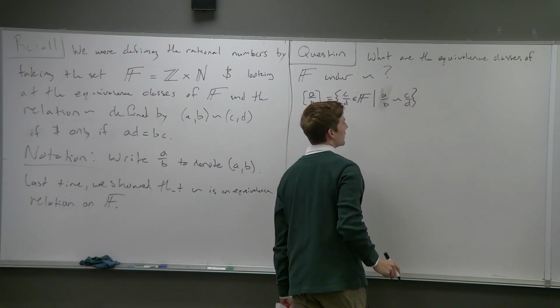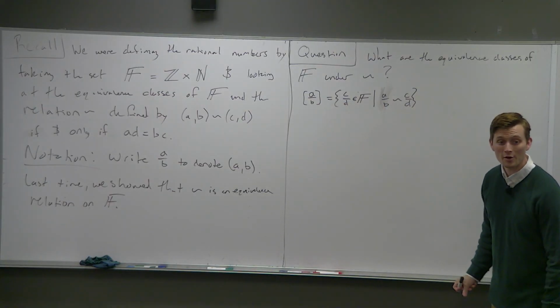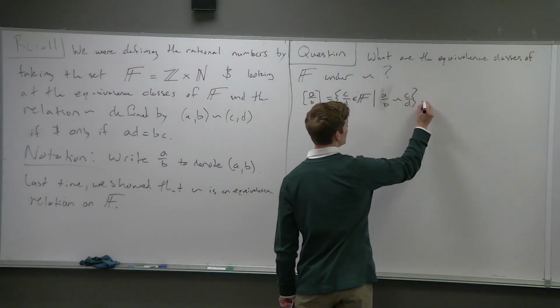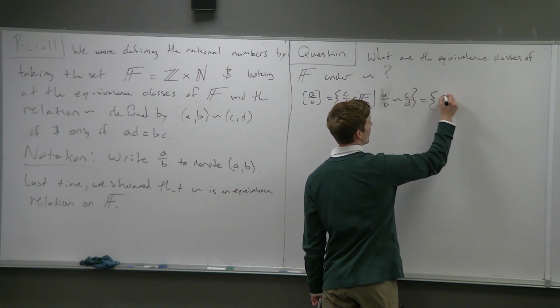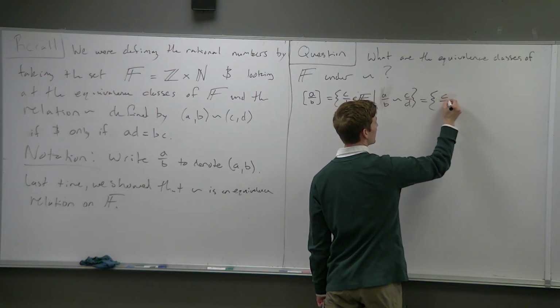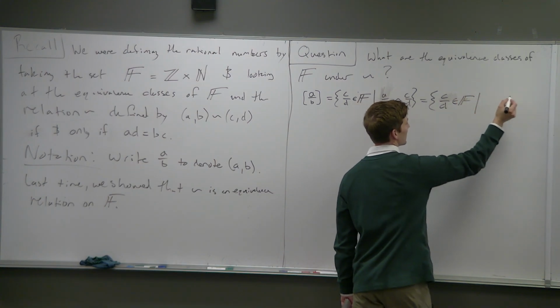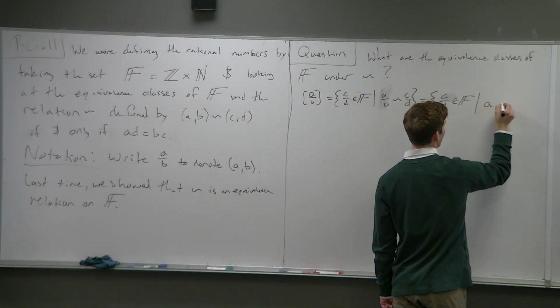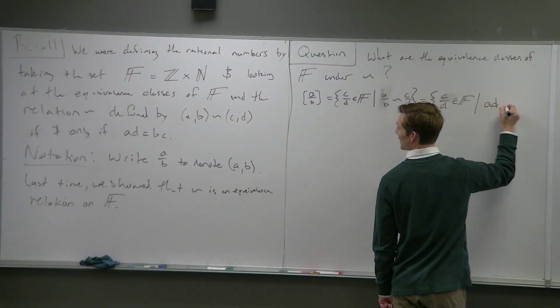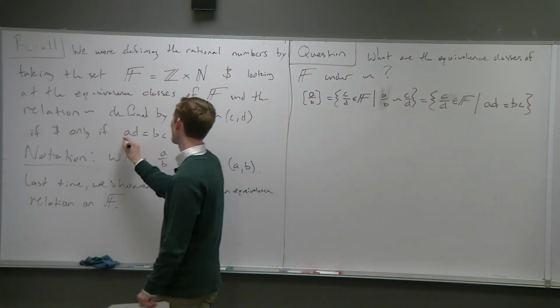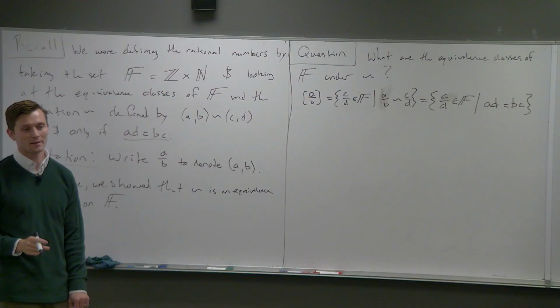What does this mean? This is just the set of all C over D in F such that A D equals B C, exactly like what that relation means.